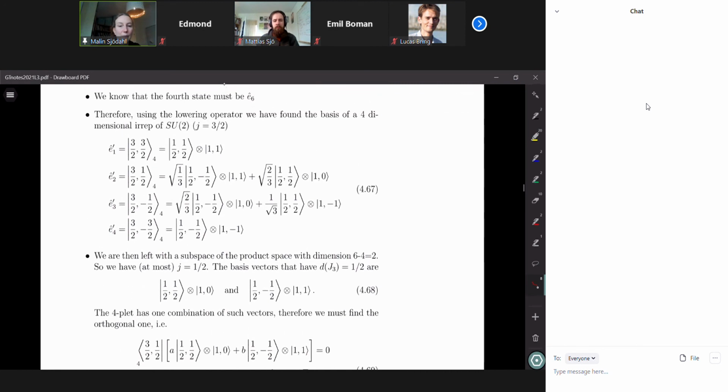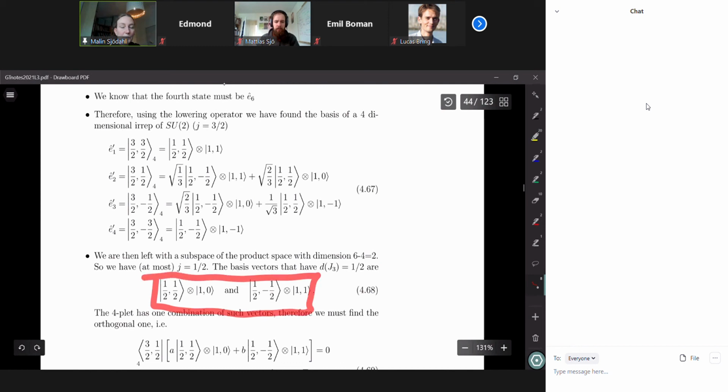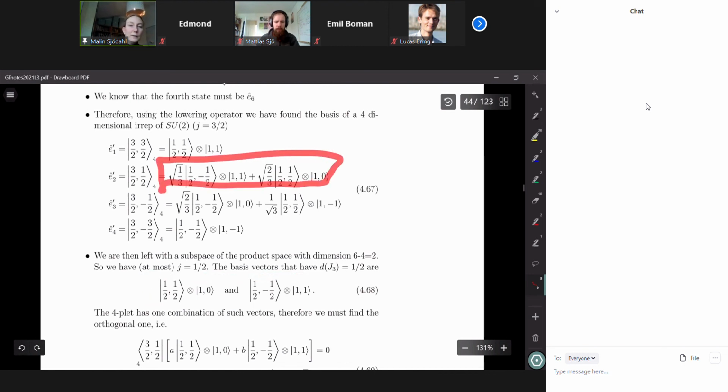So which one of these should we take? Well, we have actually already used up one linear combination of these 2 states. We have used up this linear combination here. So this is taken. So we must take the other linear combination of these 2 states.